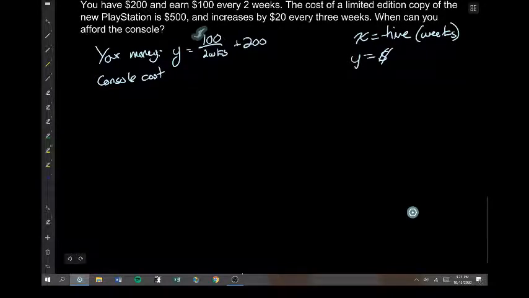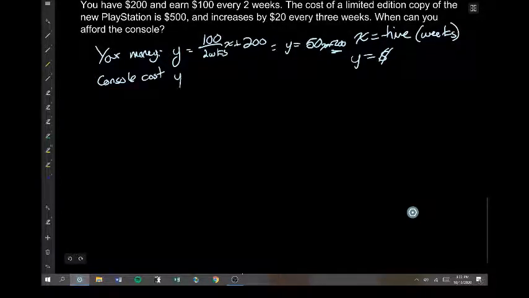That is my equation. I'm going to simplify that so it looks prettier. y equals 50x plus 200. Here's my slope, $50 every week. Here's my starting point, $200.